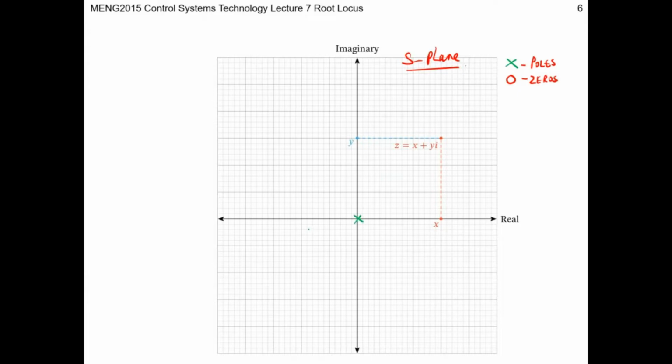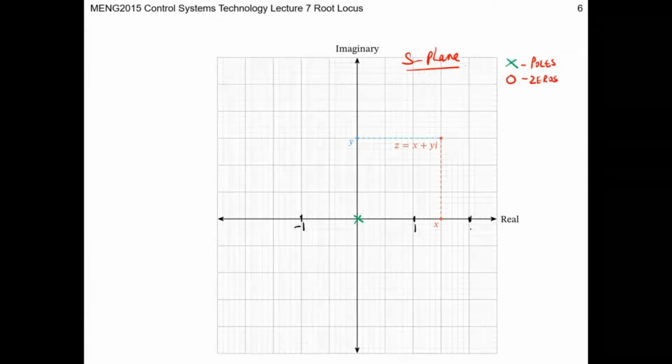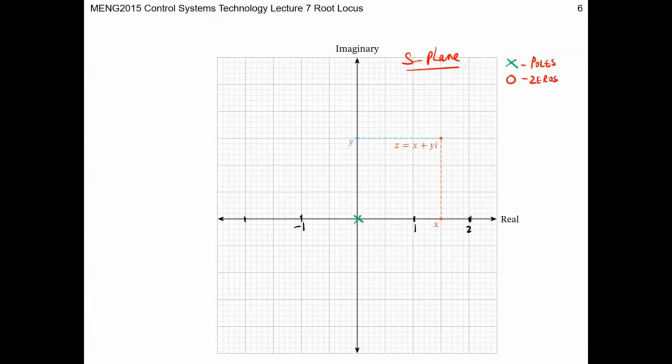So I have poles at 0. I'm going to say this is -1. Let's call this -1, 1, 2, -2, and on the imaginary axis 1, 2, -1, -2.